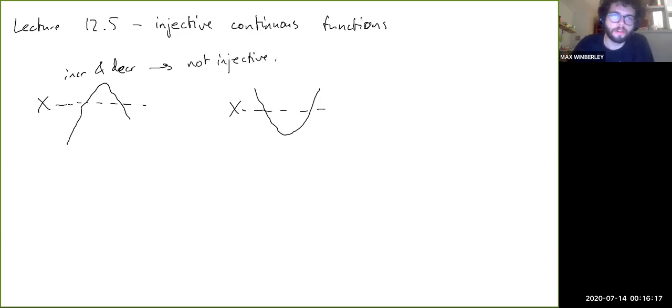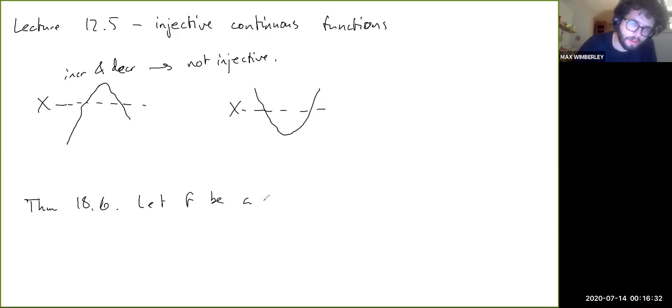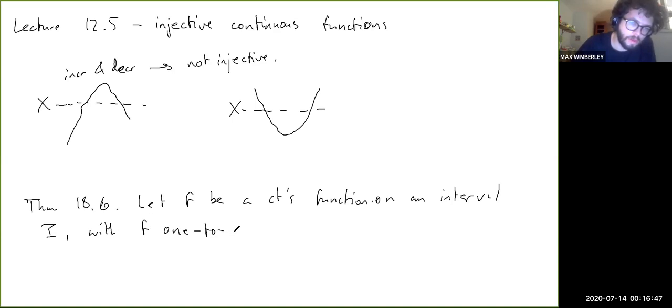Right. So let me state the theorem here. This is Theorem 18.6. Let f be a continuous function on an interval I with f one-to-one.